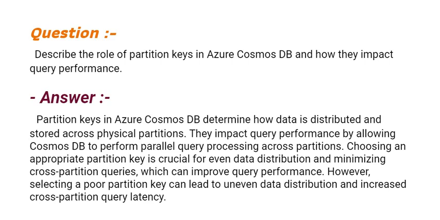Choosing an appropriate partition key is crucial for even data distribution and minimizing cross-partition queries, which can improve query performance. However, selecting a poor partition key can lead to uneven data distribution and increased cross-partition query latency.